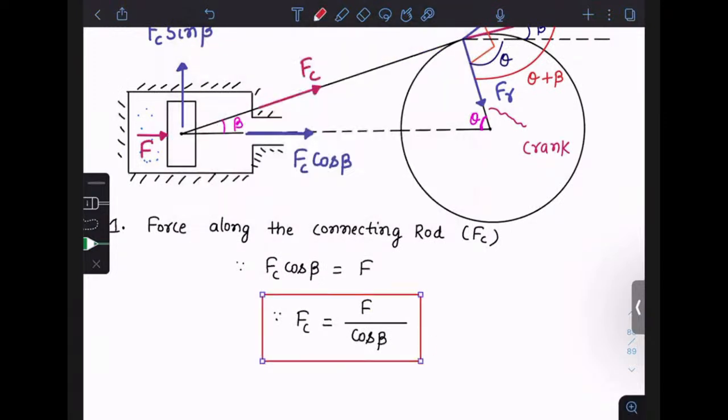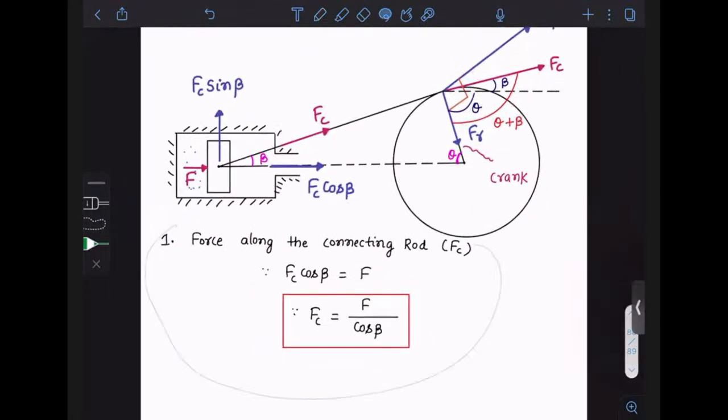Where F is the combustion force, the force applied by the gases on the piston.